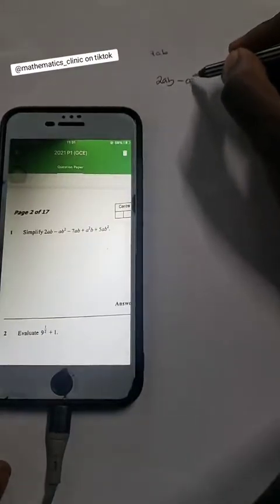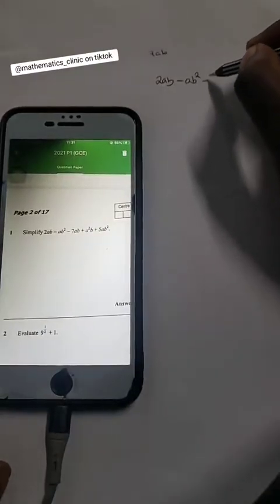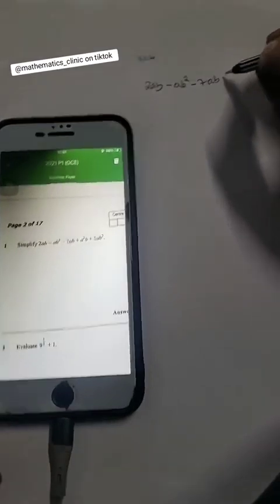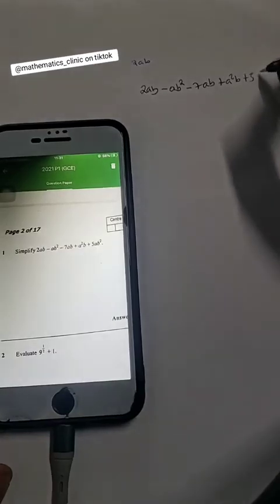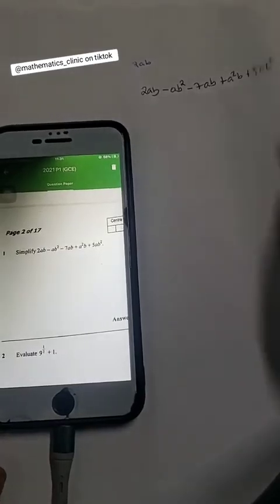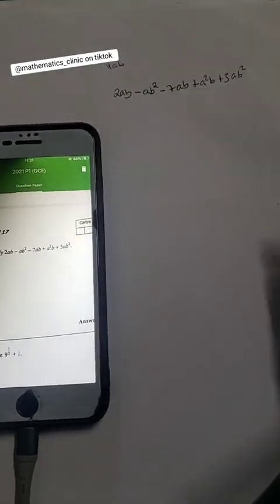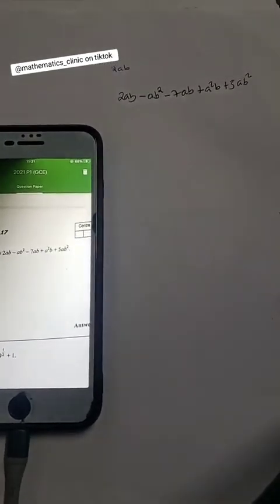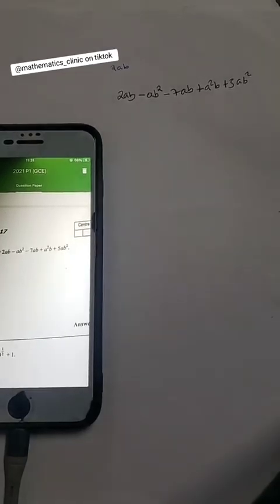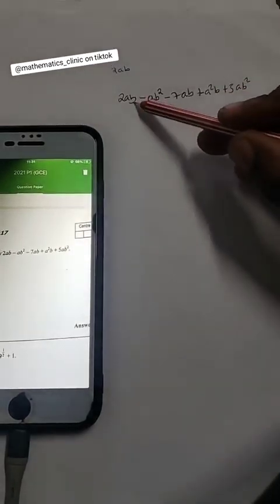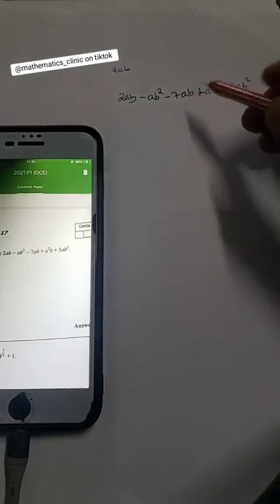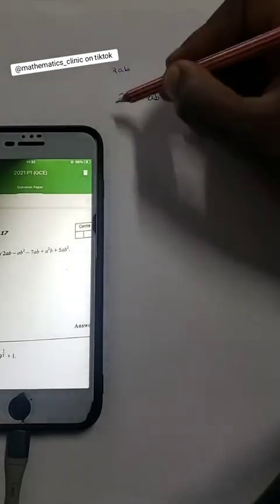Minus AB squared minus 7AB, plus A squared B plus 5AB squared. So what is happening is this, my good friends. We go with the like terms. 2AB and negative 7AB are like terms.